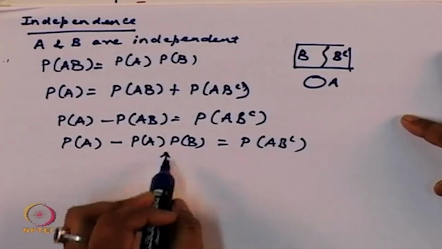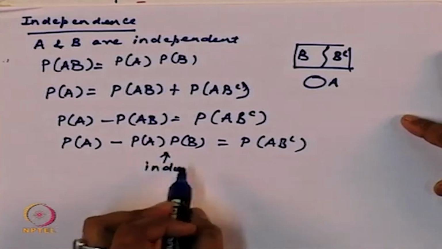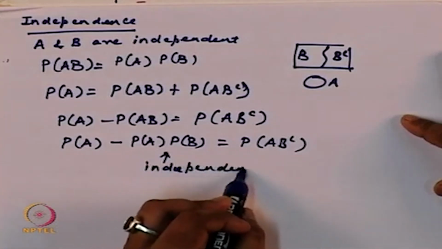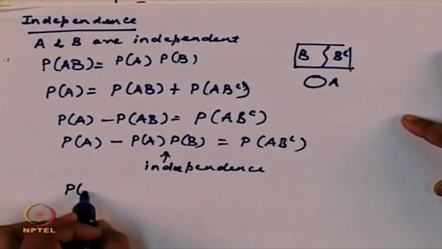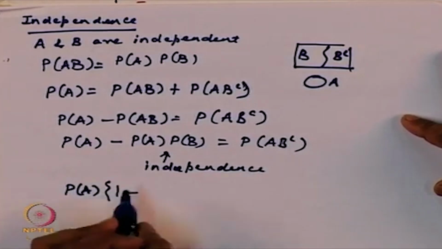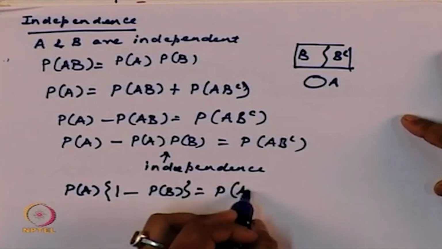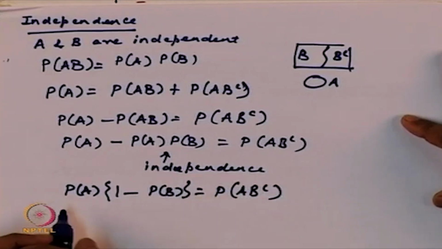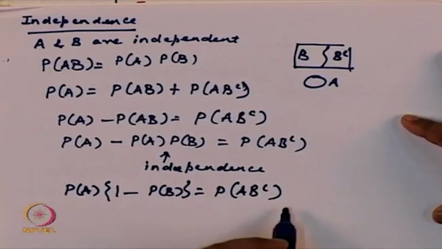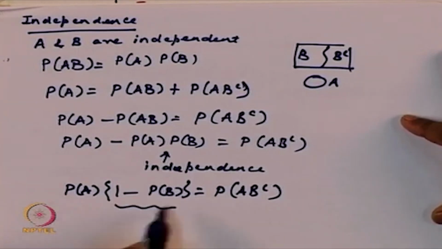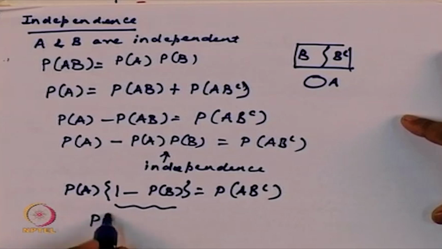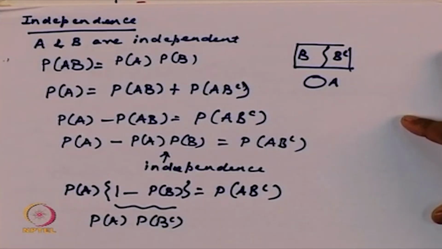So, I have invoked independence here. I can write this component as P A into 1 minus P B equal to P of A B complement. And what is 1 minus P B? It is simply P A into P B complement, equal to probability of A B complement.